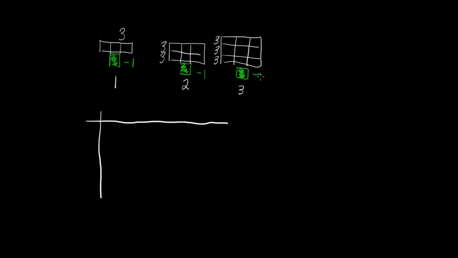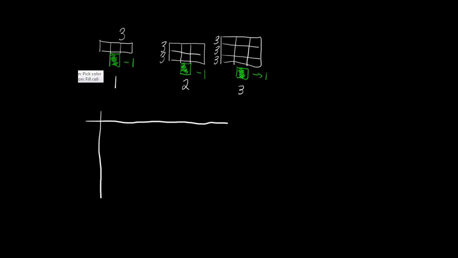So we can see that in our first pattern, our first number, we have 4 blocks, and in our second, we have 7, and in our third, we have 10.